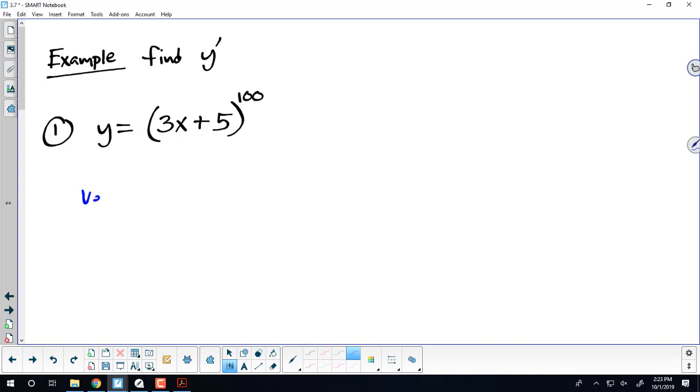So find the derivative of 3x plus 5 to the 100. Let's use version 1, and then we'll look at version 2. Version 1 is a little bit more cumbersome, but it does have its advantages. It allows you to split up the function to see exactly what's going on.